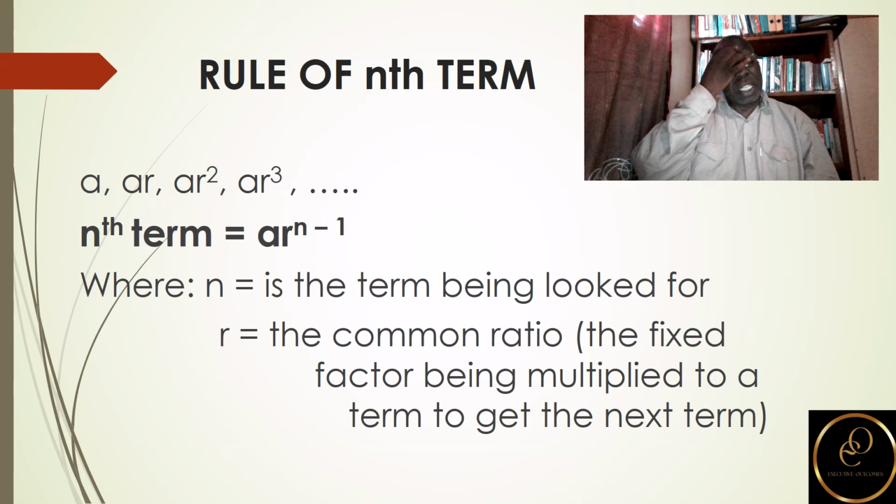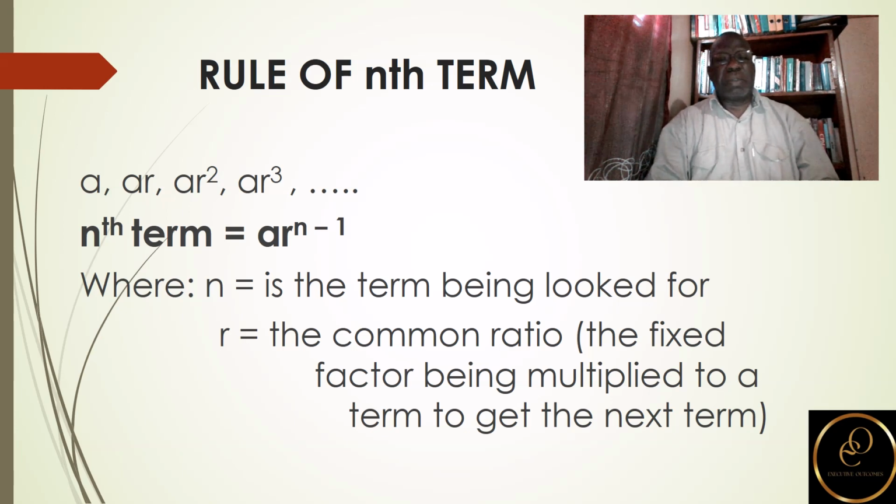To get the third term, you multiply again by this fixed number r, so you get a times r times r, which gives you a r squared. If you want to get the next term, you multiply by this fixed factor r again, so you get a r to the power 3.